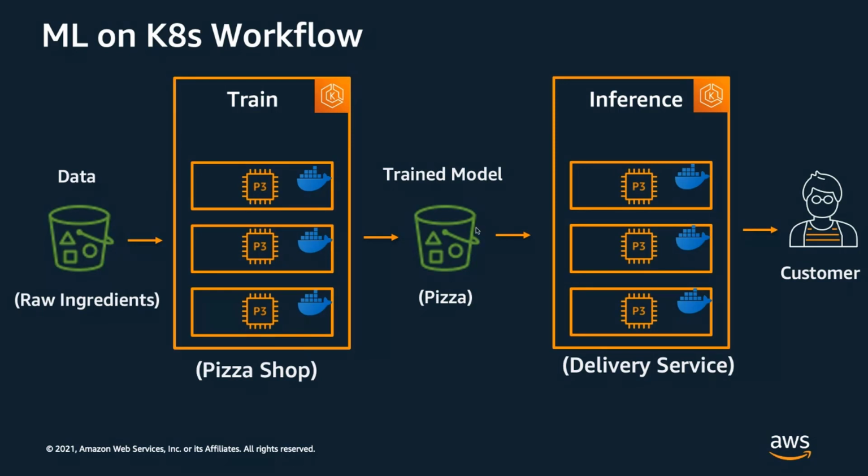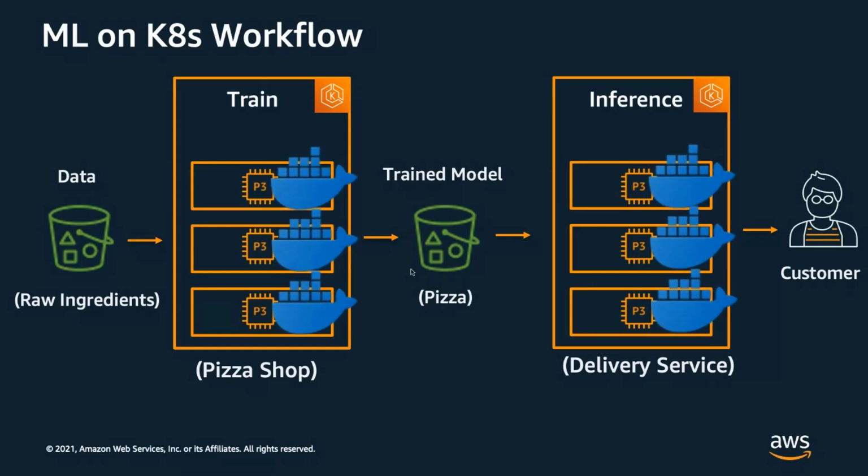Ultimately, this cluster produces a trained model, or pizza in our prior analogy. At the point that we have the trained model, our inference cluster, or delivery service, serves the model and sends predictions back to the customer. So one thing you may notice is that we have these little blue Docker icons in our training clusters. These represent Docker containers.